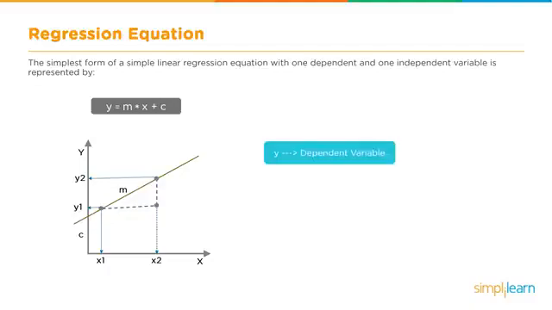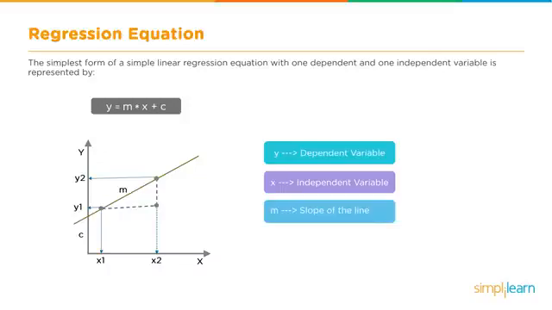Y being the dependent variable, remember that from before, and x being the independent variable. So y depends on whatever x is. M, in this case, is the slope of the line, where m equals the difference in y2 minus y1 over x2 minus x1. And finally we have c, which is the coefficient of the line, or where it happens to cross the zero axes.